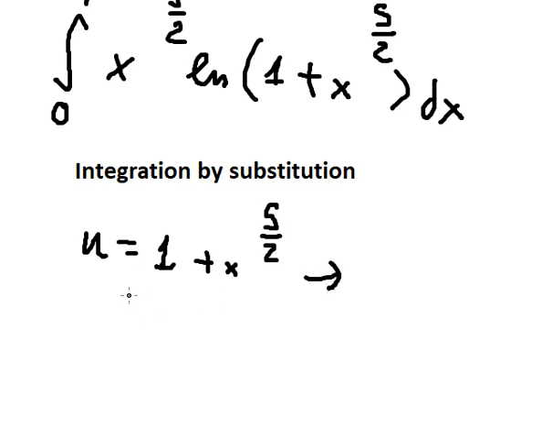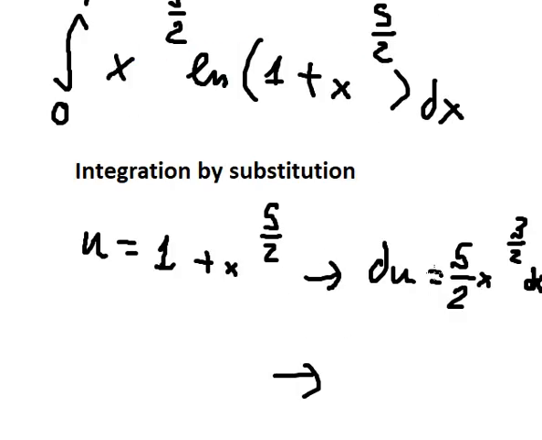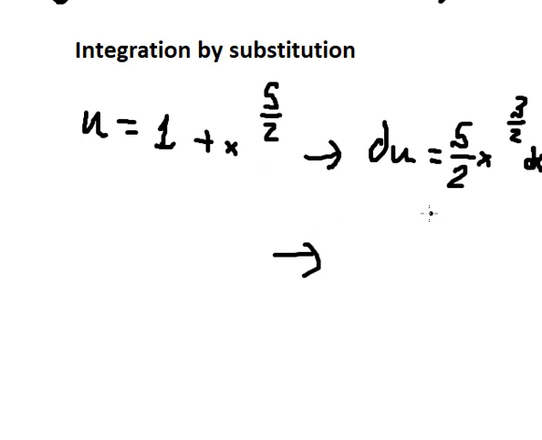Then we first take the derivative of both sides, and we have 5/2 x to the power of 5/2 minus 1, which is 3/2, dx. Because we don't have 5/2, we divide both sides by 5/2 and get 2/5 du, which is 3/2 dx.